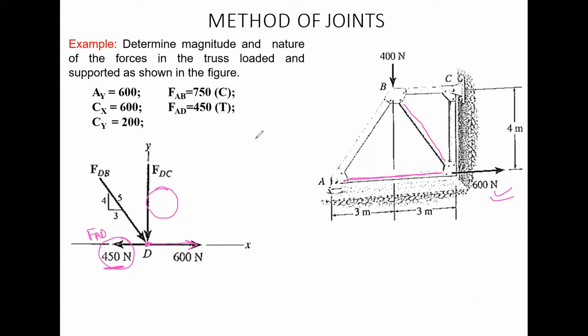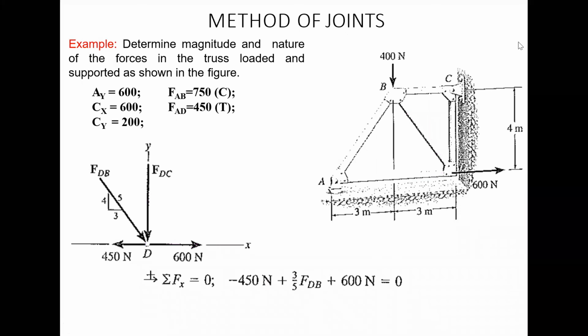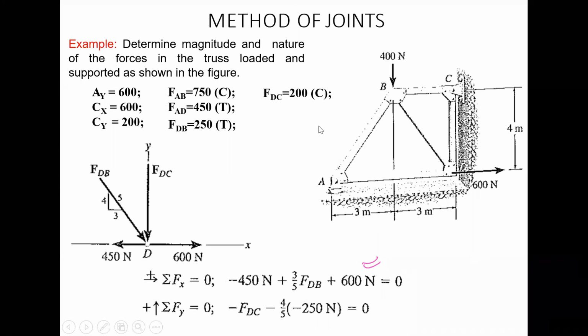Okay, so now let's balance the forces, and this will give us this equation, horizontal force balance, and this equation that is corresponding to vertical force balance. So see here, 450 is acting leftward, and rightward we are taking positive, so we have taken minus sign here, plus 3 by 5 FDB.